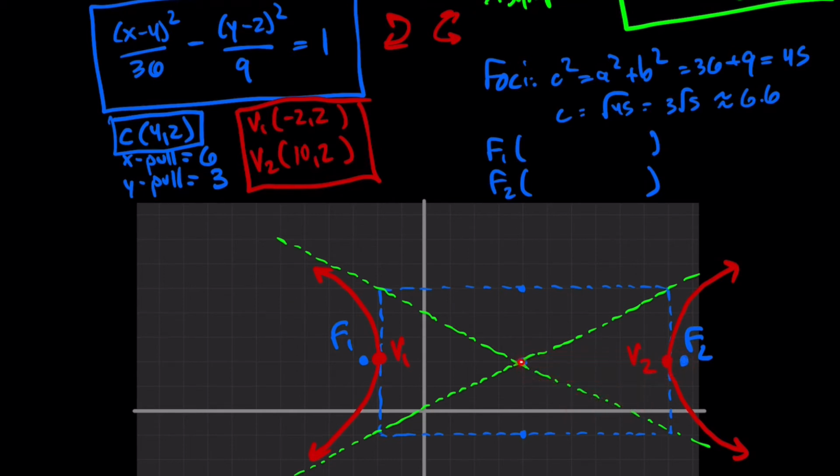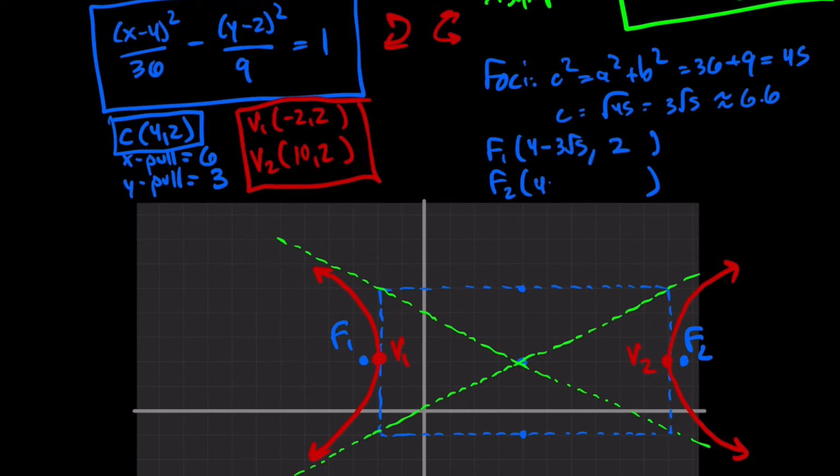So I'm taking the x coordinate, because I'm going to the right. I'm taking the x coordinate of the center and adding 3 radical 5. That gets me this one right here, F2. F1 would be the x coordinate minus 3 radical 5. Okay, so it's 4 minus 3 radical 5, comma 2.